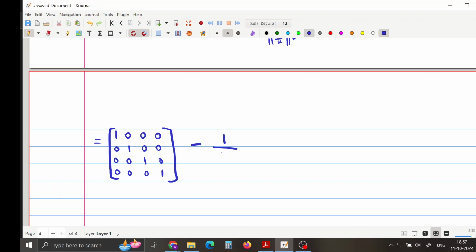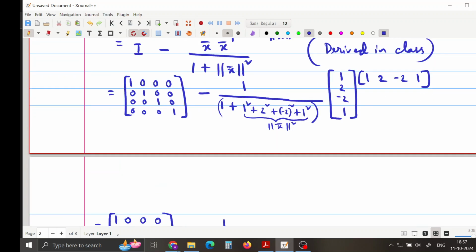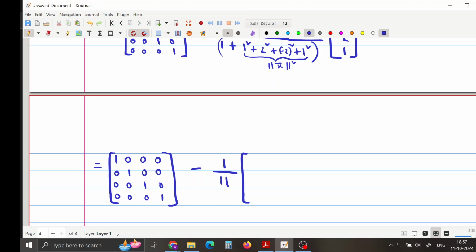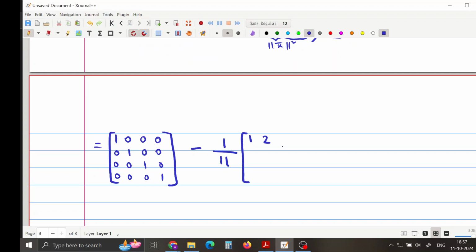So 1 divided by 11, and now if you multiply this column vector with its transpose, you'll get this matrix.